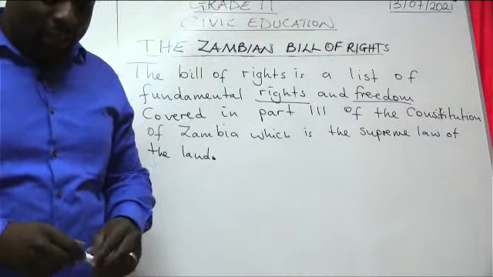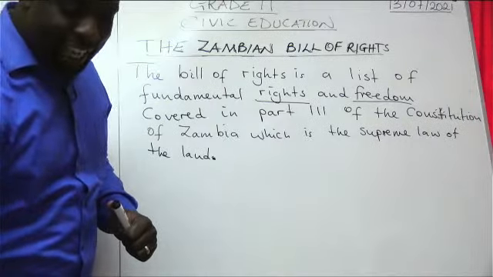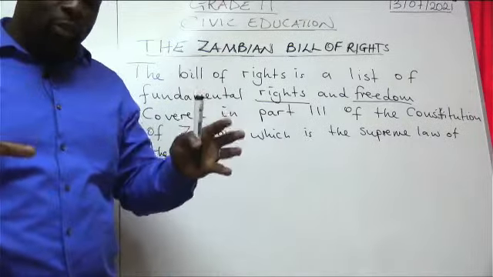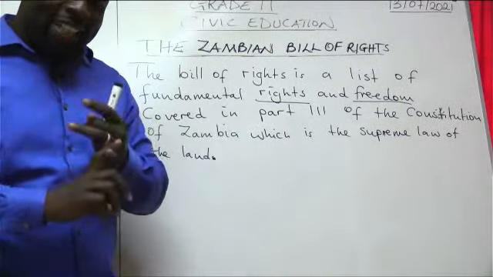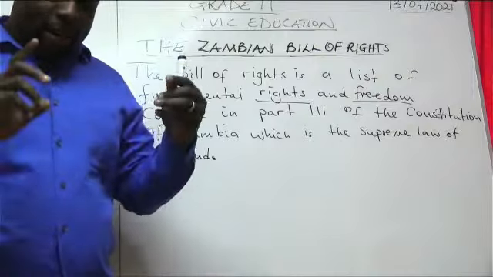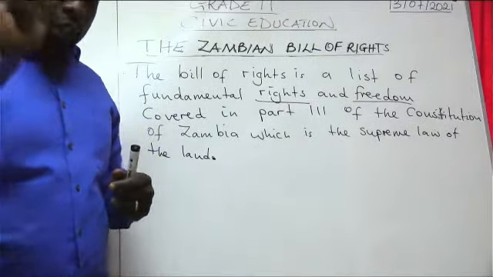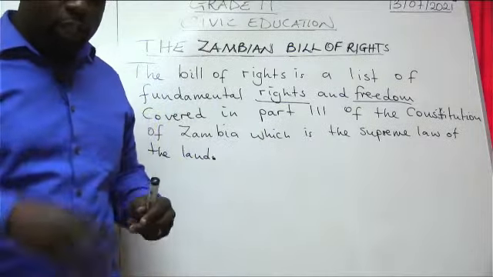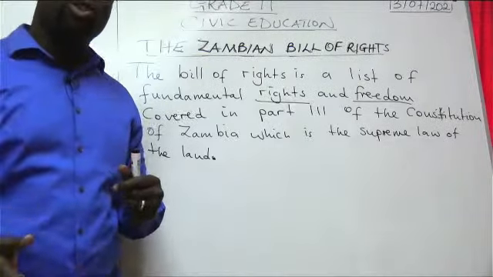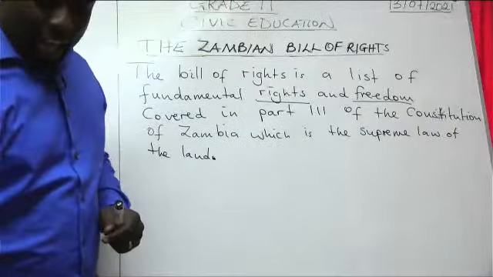Then in 1996, the Mwanakatwe Commission made a few amendments, and in 2005 we had the Mung'omba Commission, which also included some social, cultural, and economic rights. Are we together?